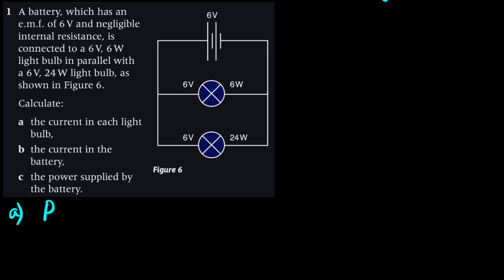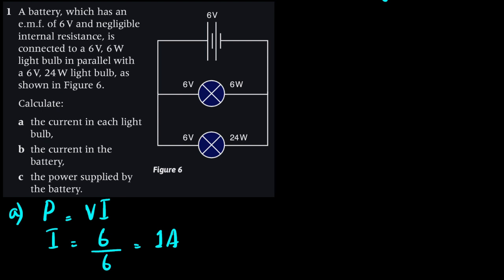If we use P equals VI, for the bulb which is in this branch, the current would be 6 watts divided by 6 volts, so that would be 1 ampere.